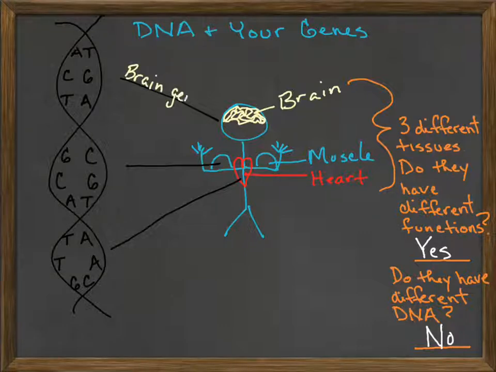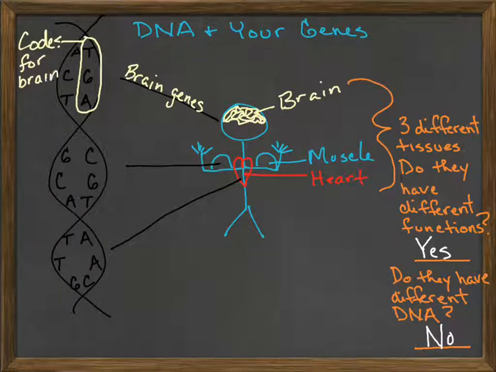The difference is there are some genes on your DNA that specifically code for brain function. Those genes turn on and off and in different order at different times, and that is what allows your brain to behave in the way your brain needs to behave.